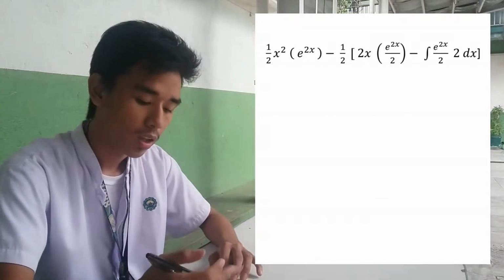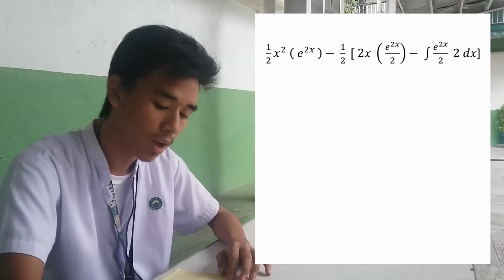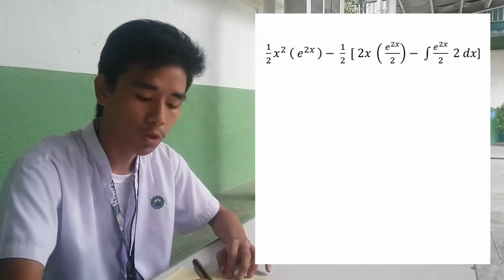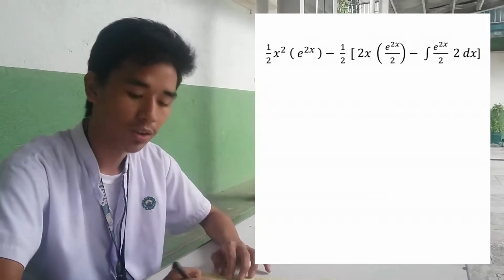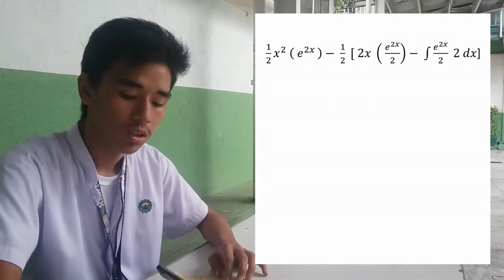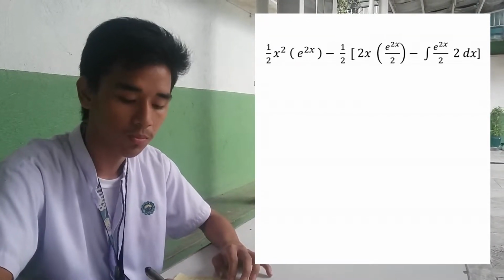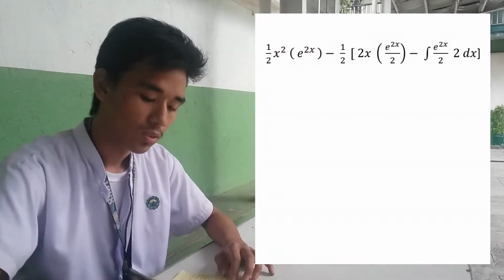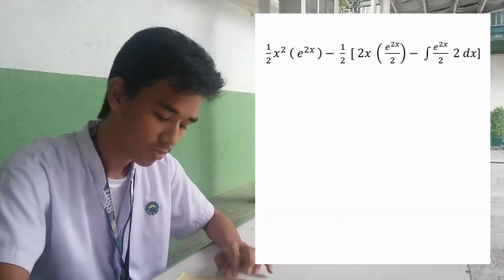Copy 1/2 x squared times e raised to 2x minus 1/2, then write the values for uv minus integral of v du. So it will become 1/2 x squared times e raised to 2x minus 1/2 times bracket 2x times e raised to 2x over 2, minus integral of e raised to 2x over 2 times 2 dx.